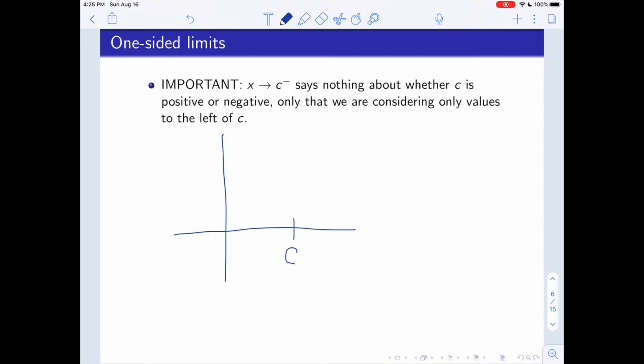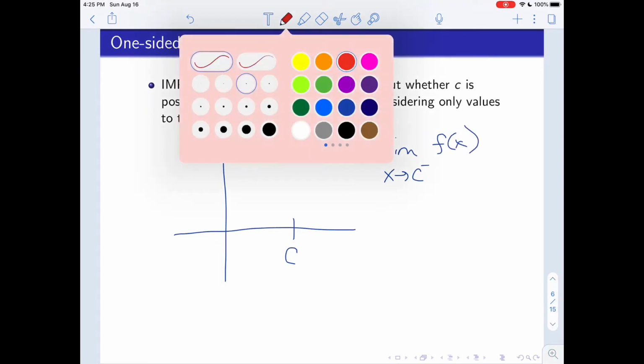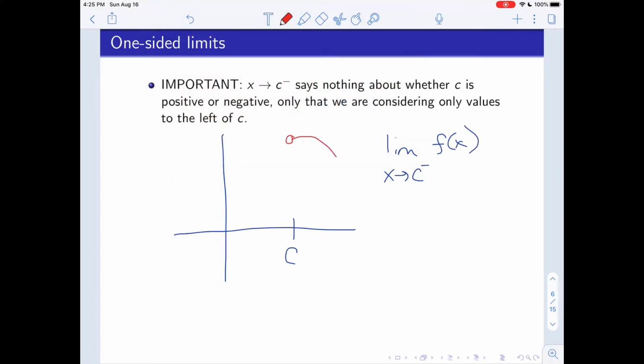But if I wanted to look at the limit as x approaches c from the left of that same kind of function, I'll keep the same kind of shape that I had just a minute ago, then I'm still going to be looking at these numbers that are positive numbers just to the left of c. All right, so that little minus doesn't mean anything at all about positive or negative numbers. It only means left. And similarly, if I had done a c with a plus, that would mean right.